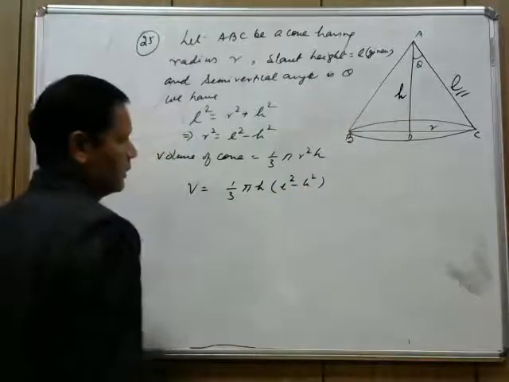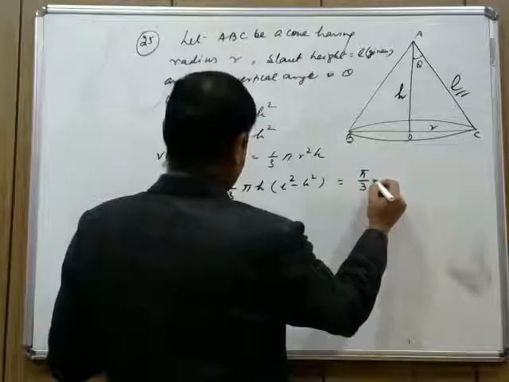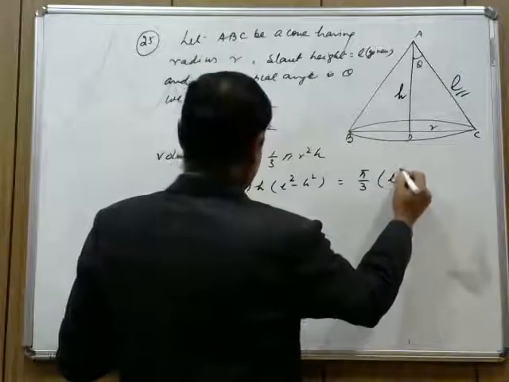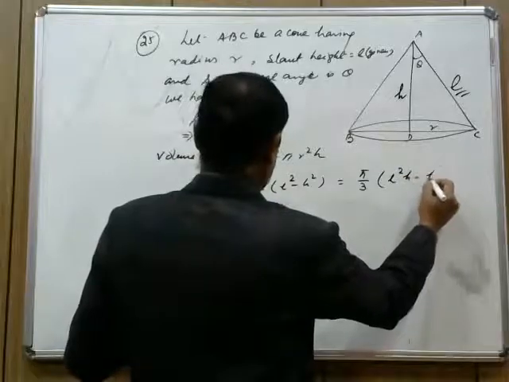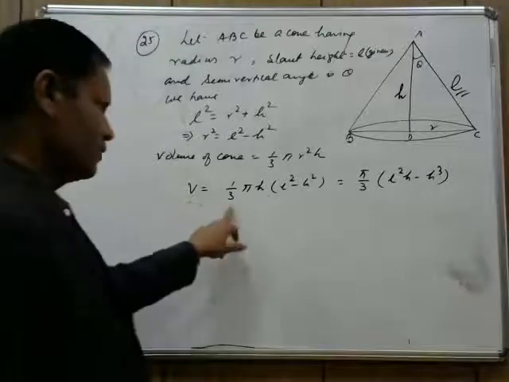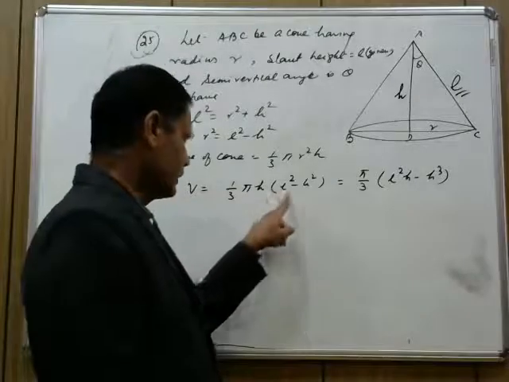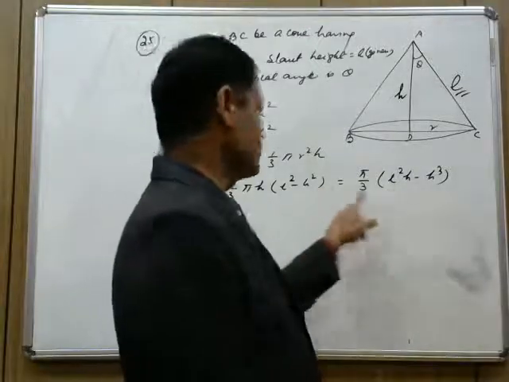This will give you 1 by 3 pi in bracket L square H minus H cube. Yes, pi by 3 is a constant outside, L square H minus H cube.